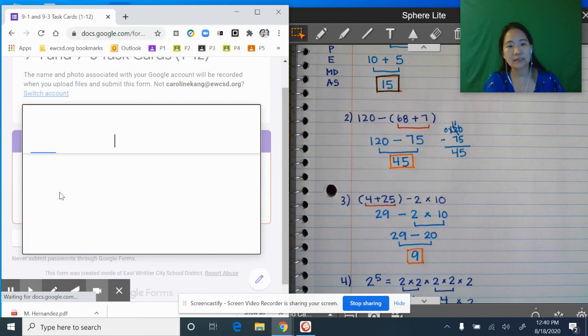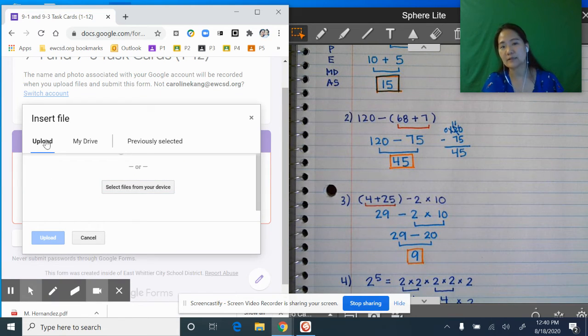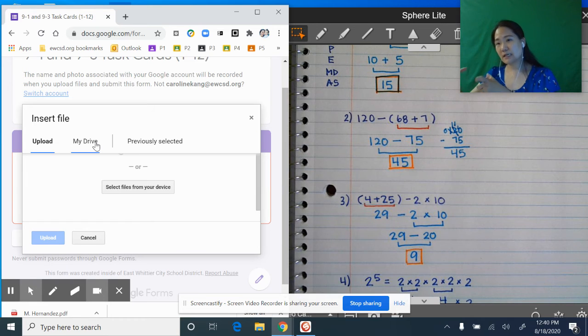But you're going to need to click a file, and you either upload from your computer, or you need to select a picture from your drive, which means once you're done with all your homework, you need to take a picture.